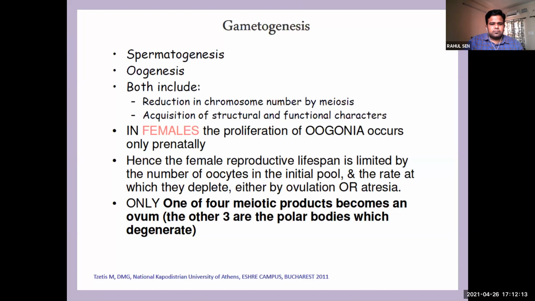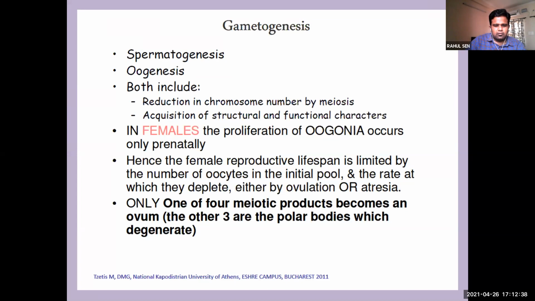As the process of spermatogenesis goes, so it is with oogenesis. In females, the proliferation of oogonia occurs prenatally, hence the female reproductive lifespan is limited by the number of oocytes in the initial pool, which depletes as age increases or as the ovulation years go on and on.